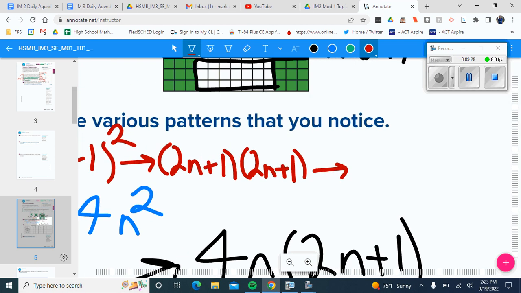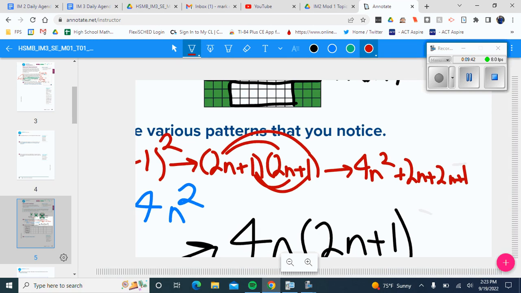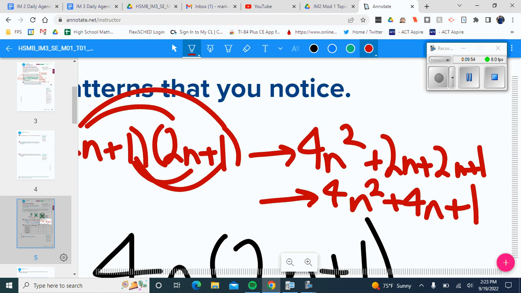If you were to FOIL this, this becomes 4n squared plus 2n plus 2n, and 1 times 1 is 1. So 4n squared plus 2n plus 2n plus 1, that total amount for the tiles in the middle would be 4n squared plus 4n plus 1. The green tiles in the middle.